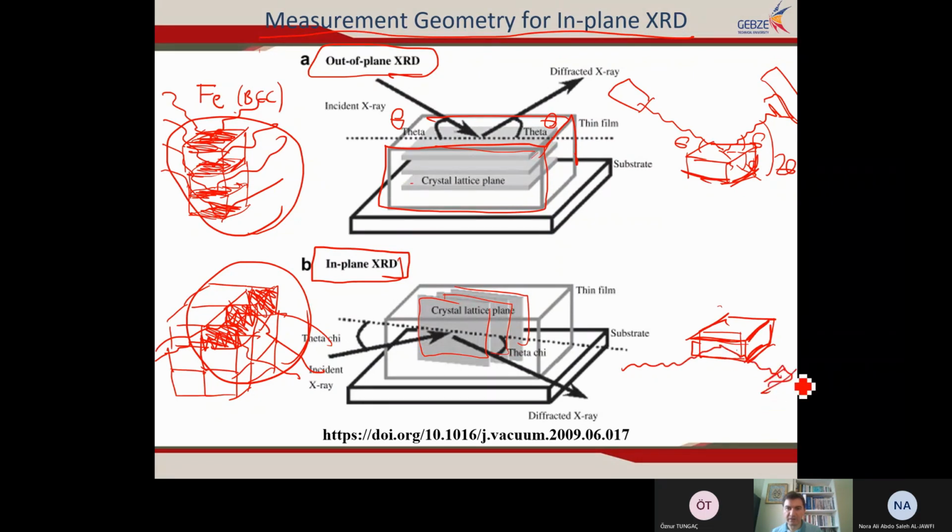Now the detector is waiting here, and this is the X-ray source. You can consider this is theta, and the detector angle is 2 theta. So here I'm looking for planes like this, and there I'm looking for planes like this. This is the difference between in-plane XRD and out-of-plane XRD. They give us different information about the same material.